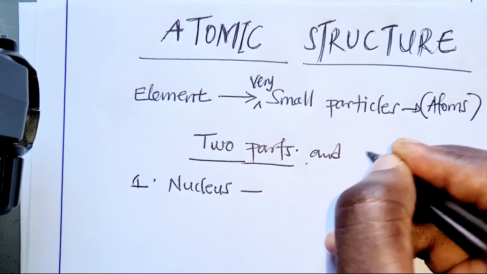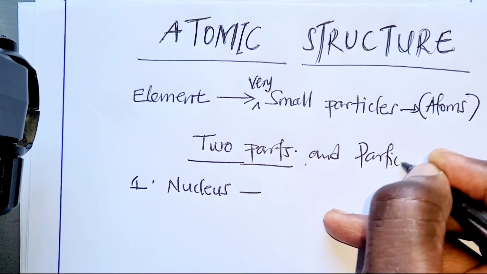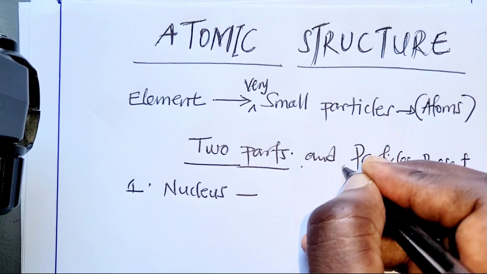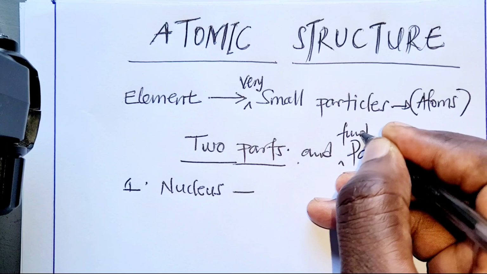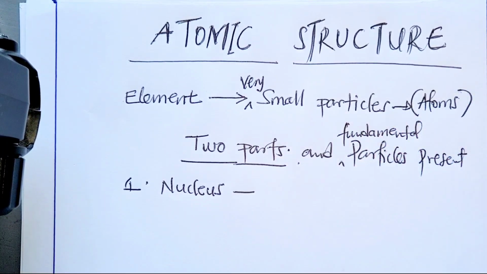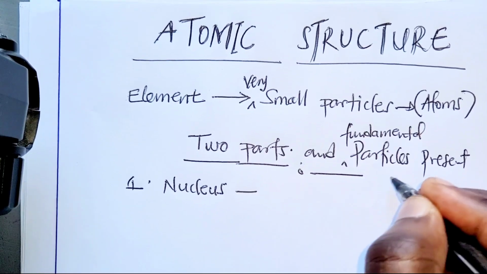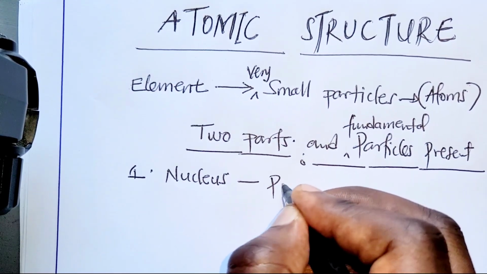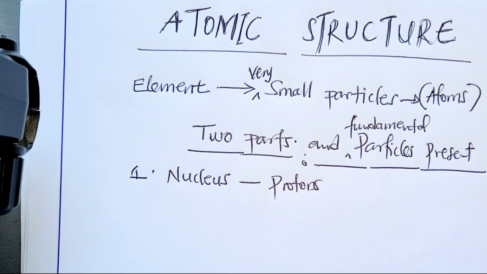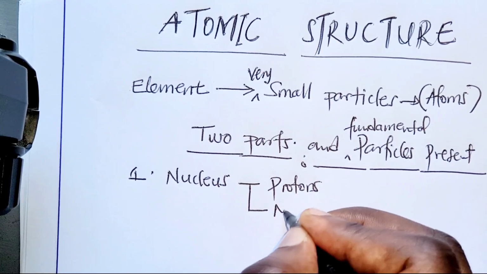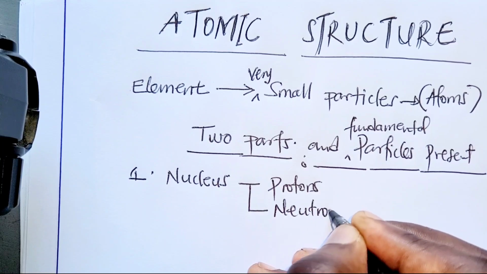Let me write fundamental, because there are very many particles that can be found in atoms, but these ones are fundamental particles. The nucleus has particles which are called protons, and it also has other particles that are called neutrons.